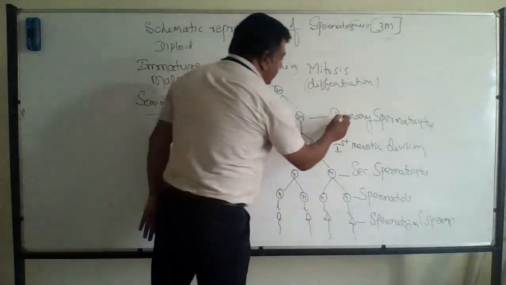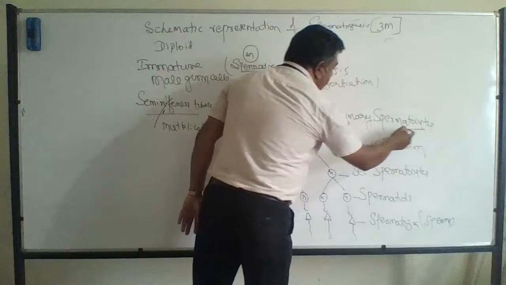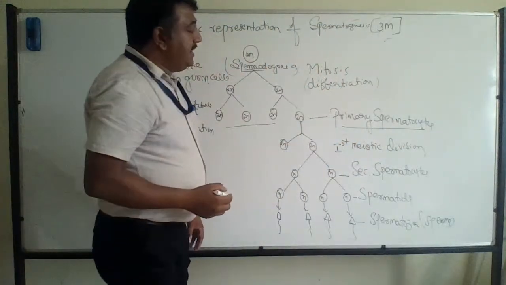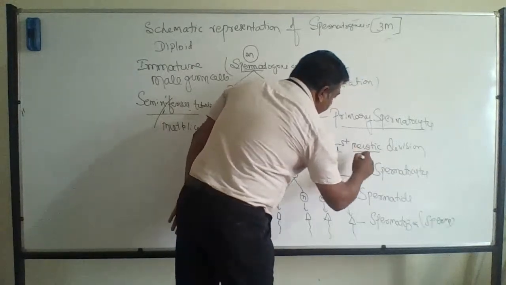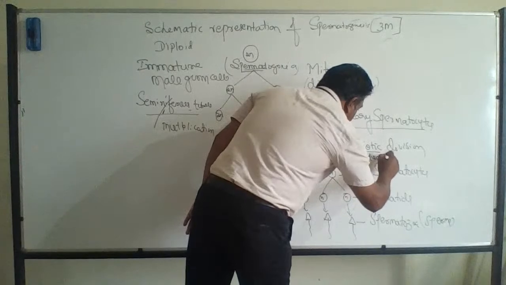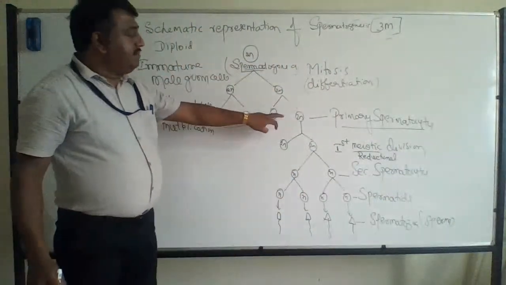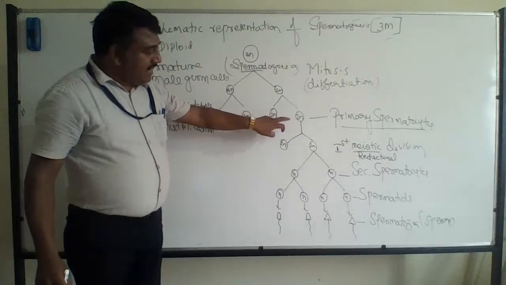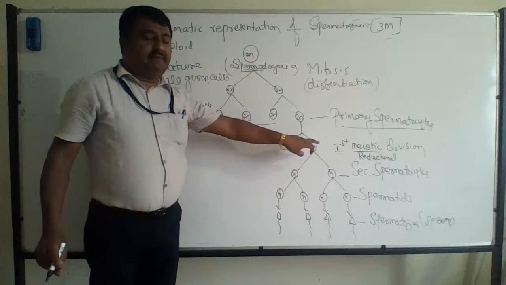The cell which undergoes meiotic division we call a primary spermatocyte. We are all aware that meiotic division is a reductional division. This primary spermatocyte undergoes a reductional division, the first meiotic division.